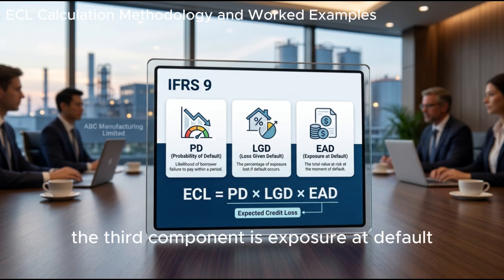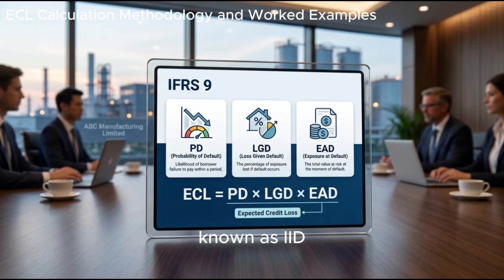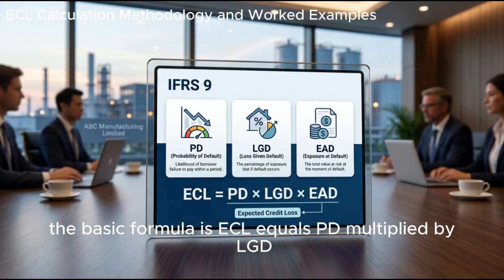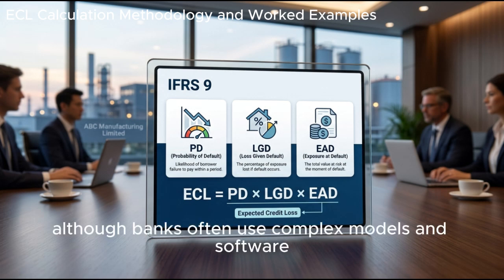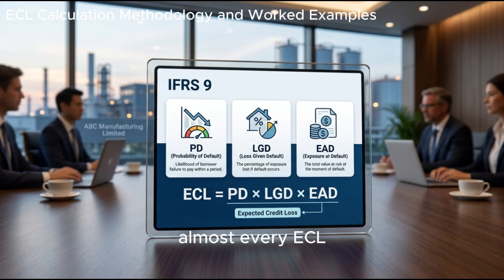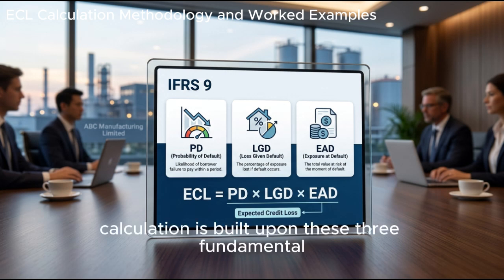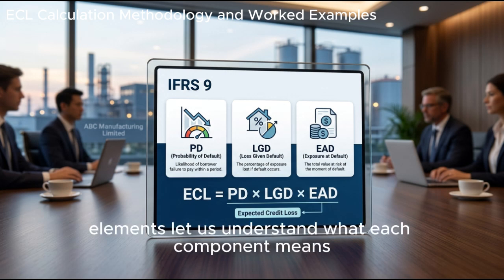The third component is exposure at default, known as EAD. The basic formula is ECL equals PD multiplied by LGD, multiplied by EAD. Although banks often use complex models and software, almost every ECL calculation is built upon these three fundamental elements.